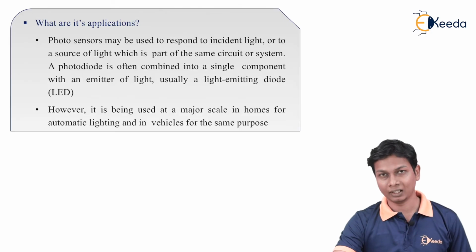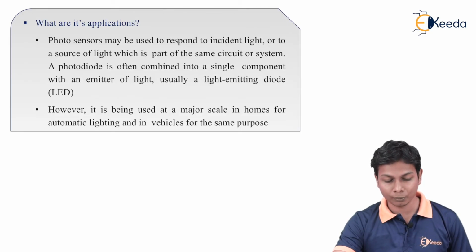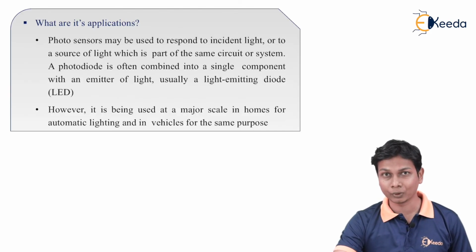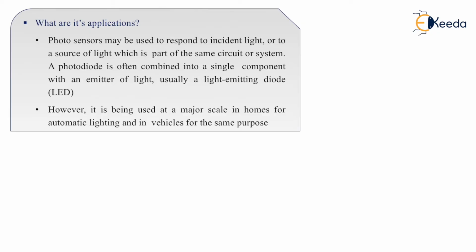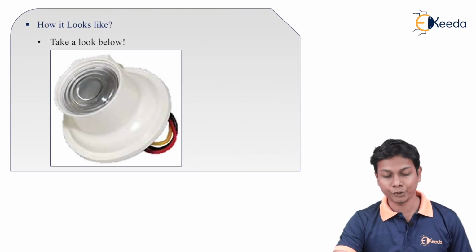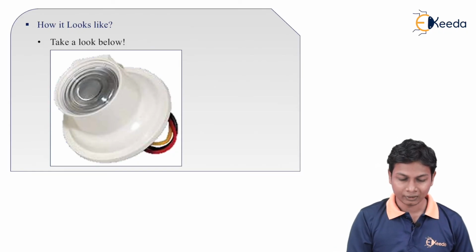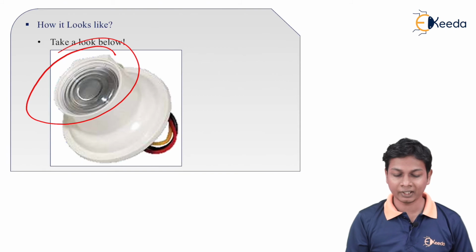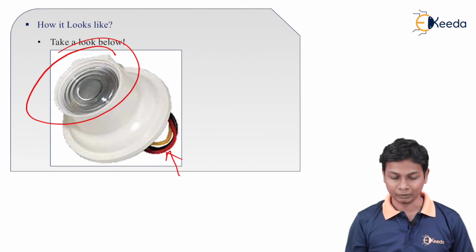It is used on a major scale in homes and for automatic lighting in vehicles, as well as for the same purpose in rooms. Now, here is the actual picture of a photolight sensor, where the sensor is in this area and here is our power lighting.